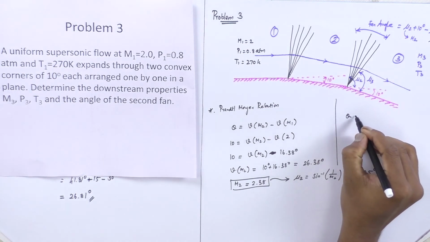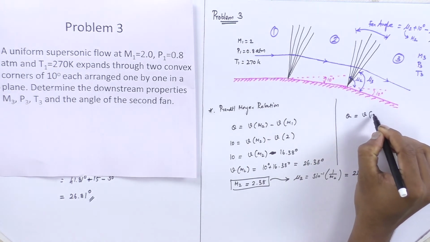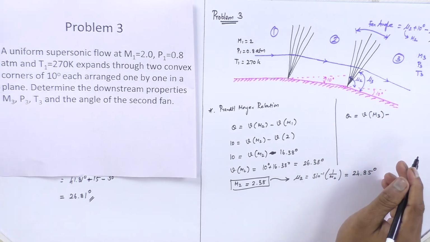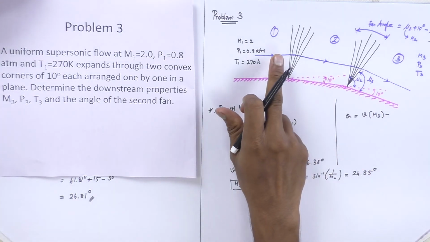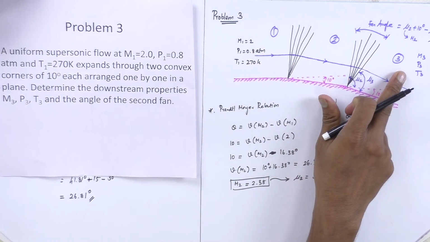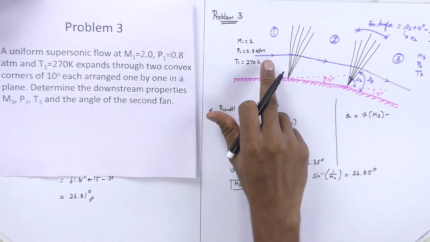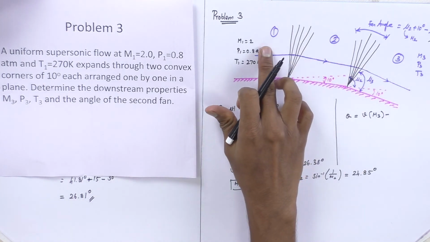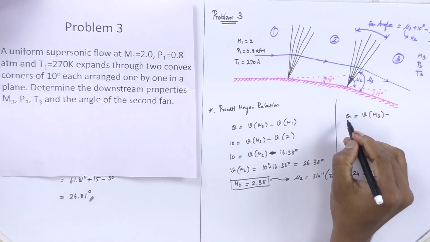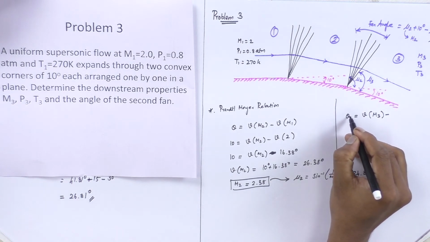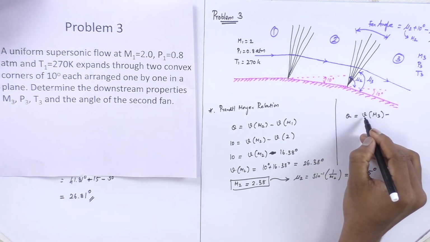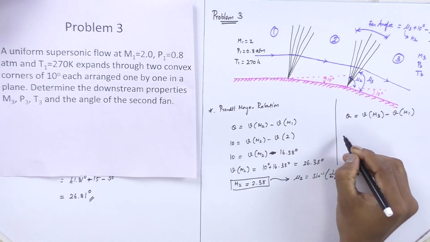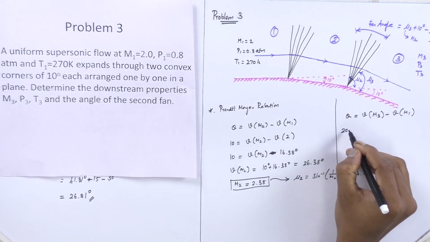Theta will be equal to V of M3 minus... here we can directly relate region 1 and region 3 because we know that the entire process is an isentropic process. So let's say this is the total expansion angle, that will be equal to the Prandtl-Meyer function of M3 minus the Prandtl-Meyer function of M1. Here theta is 20 degrees totally.